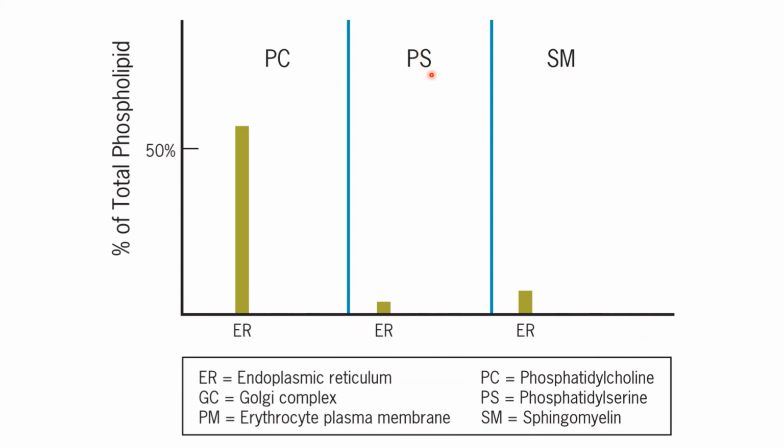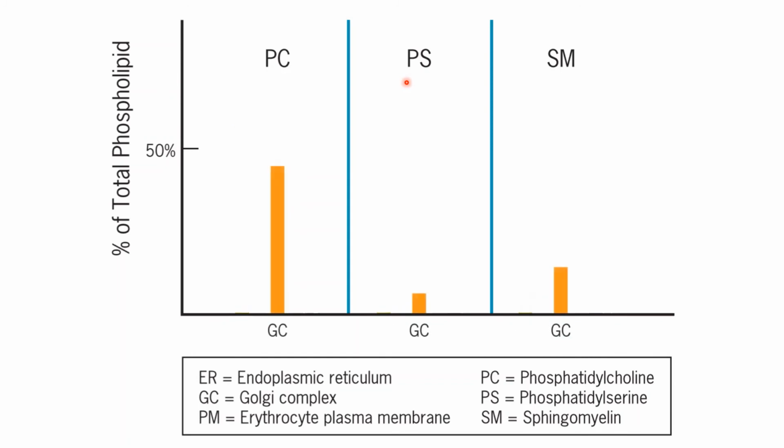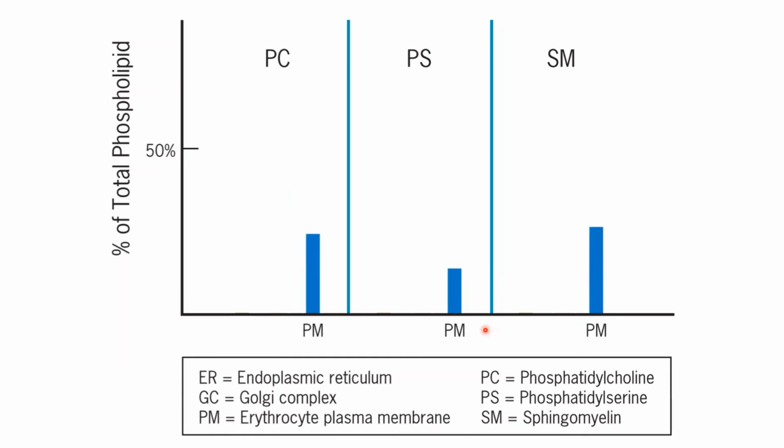And then the least number of lipid would be the phosphatidylserine. But look at this now in the Golgi complex. The amount of sphingomyelin increases a bit more, the amount of phosphatidylcholine decreases, and this one also increases a bit. Now look at this in the cell membrane or the plasma membrane.